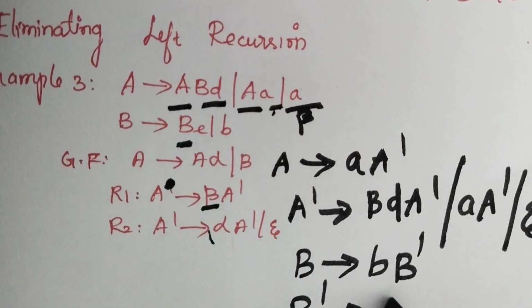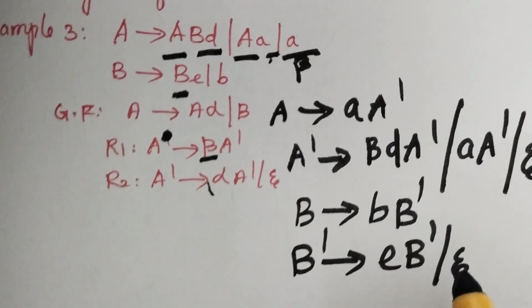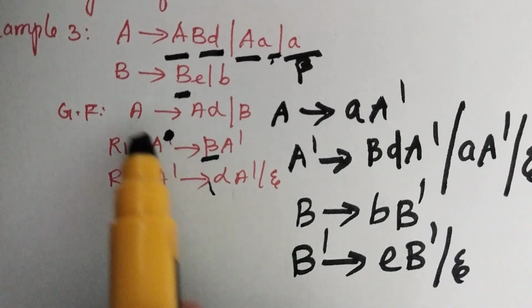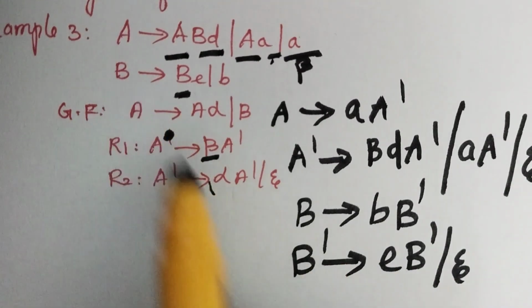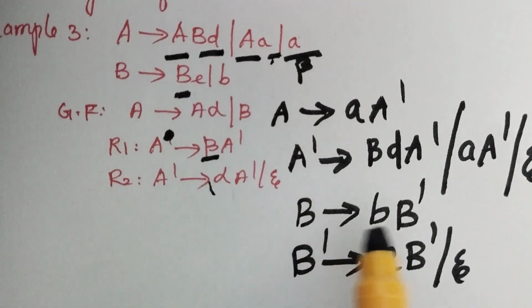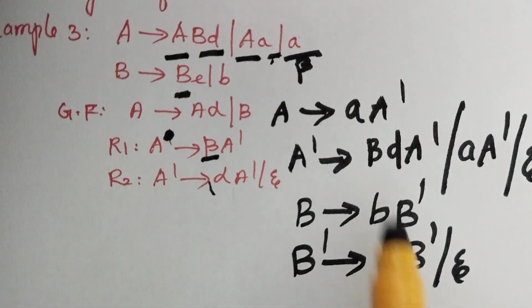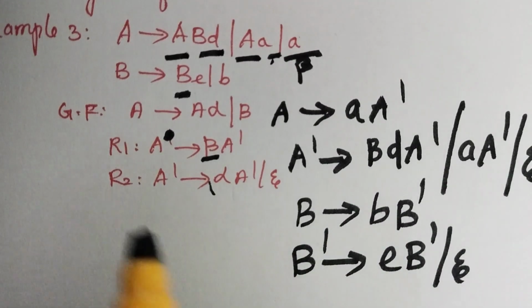Here our alpha is e. Then write B dash or epsilon. So simply we have applied rule 1 and rule 2 and we found the answer. Okay, so capital B produces small b, B dash. Then B dash produces e, B dash or epsilon. This is the final grammar after eliminating the left recursion.